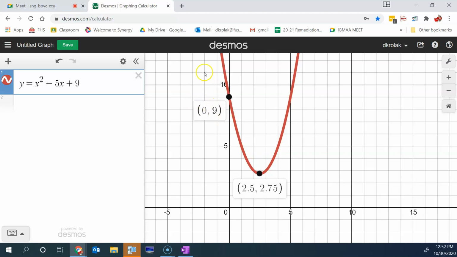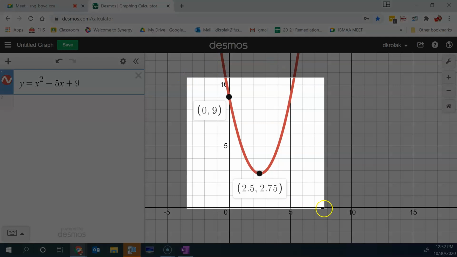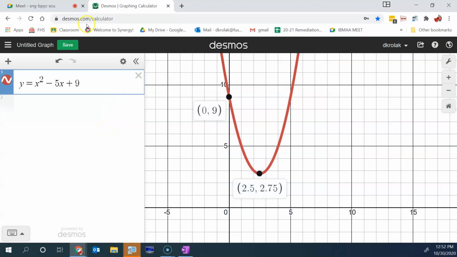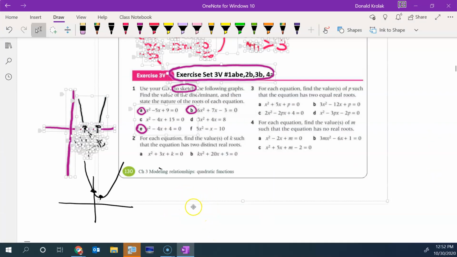But for this, Desmos is fine. So that's what my sketch would look like. That's what I would expect you to turn in.